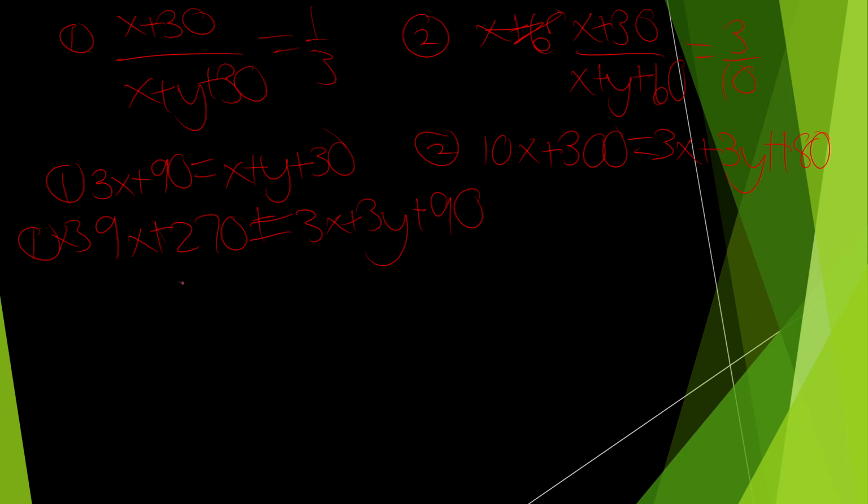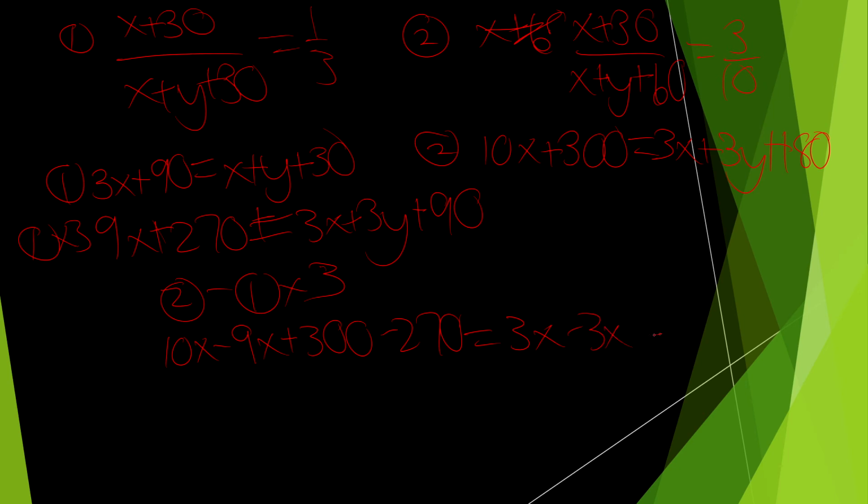If we subtract, we get 10x minus 9x plus 300 minus 270 equals 3x minus 3x plus 3y minus 3y plus 180 minus 90. This is just factoring in the negative sign to all of these because it's subtraction.